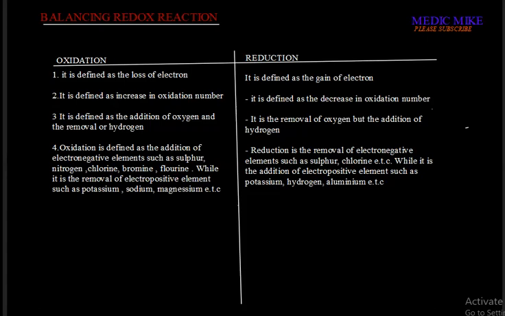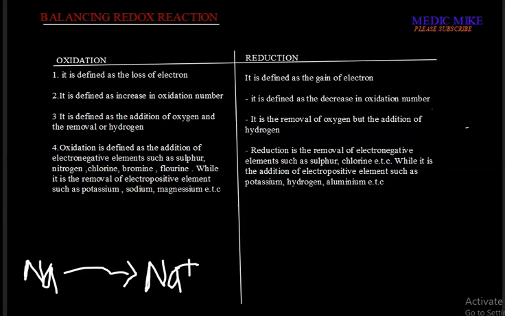Now, by saying oxidation is defined by the loss of electron, we mean that when a sodium atom undergoes oxidation reaction, it will form sodium ion. Now, there are two major differences at this point between sodium atom and sodium ion.